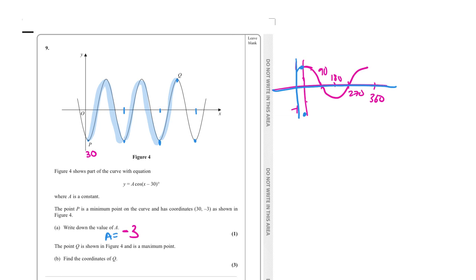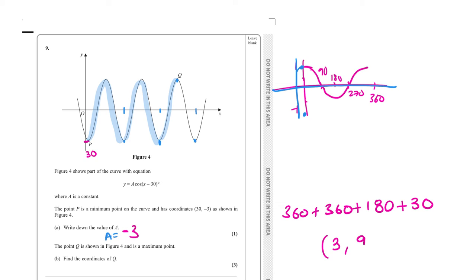But we've got to add 30 because we shifted it by 30. So 360 plus 360 plus 180 plus 30. Okay? What do we get? 720, 800, 930 degrees.